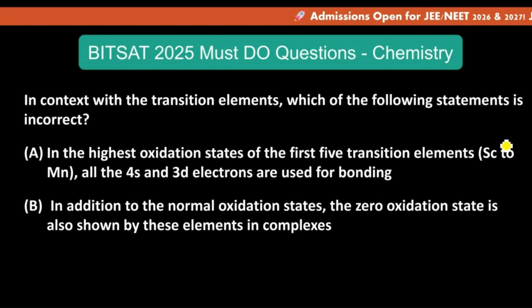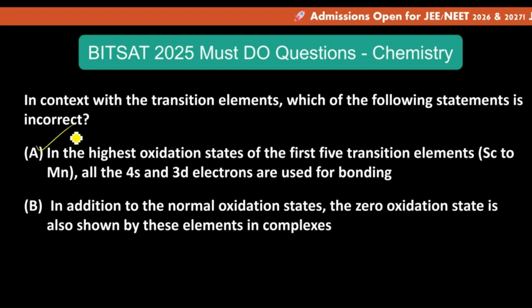Regarding the transition elements, which of the following statements is incorrect? In the highest oxidation states of first 5 transition elements, all the 4s and 3d electrons are used for bonding. And in addition to normal oxidation states, the zero oxidation state is also shown by these elements in complexes. Okay, so checking the maximum oxidation states of first 5 transition elements, scandium to manganese, all the 4s and 3d electrons are used for bonding.